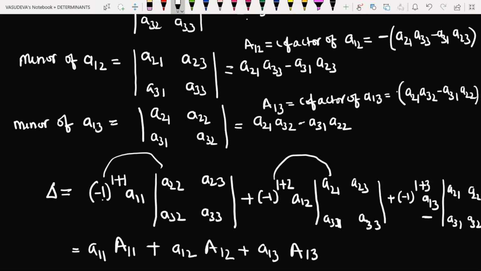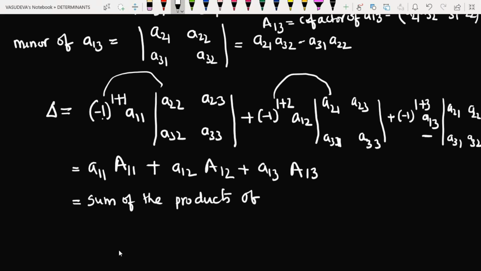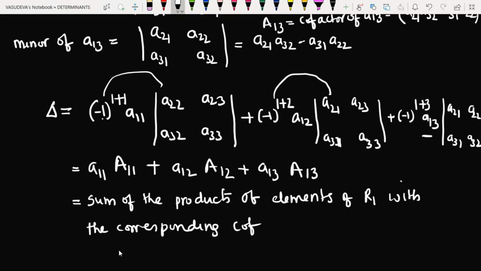So this is nothing but the sum of the products of the elements of R1 with the corresponding cofactors. This is the value of the determinant.